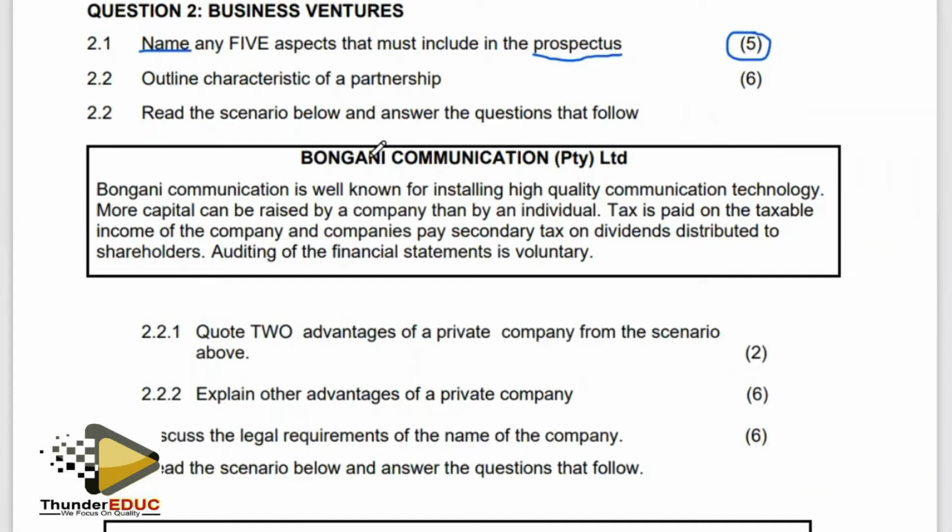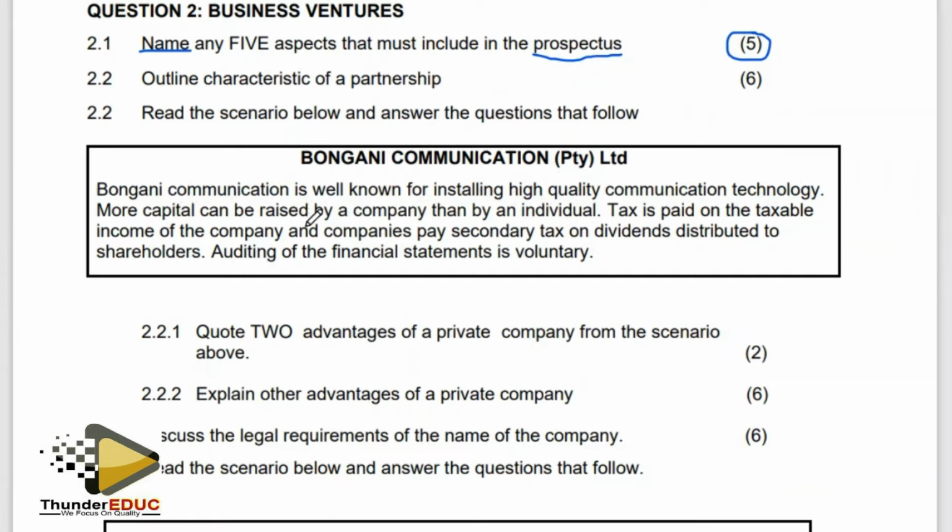Bongani Communication is a Private Company Limited. Bongani Communication is well known for installing high-quality communication technology.